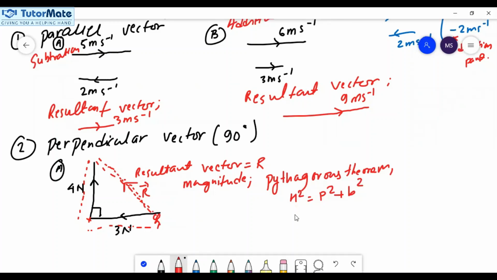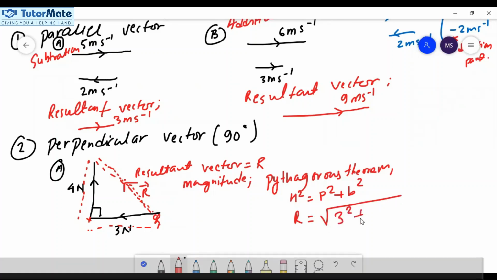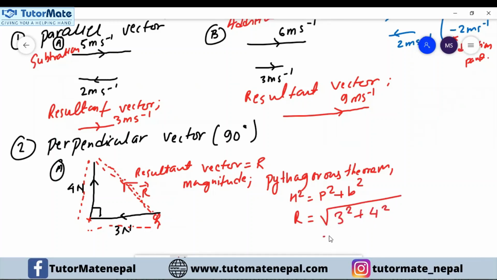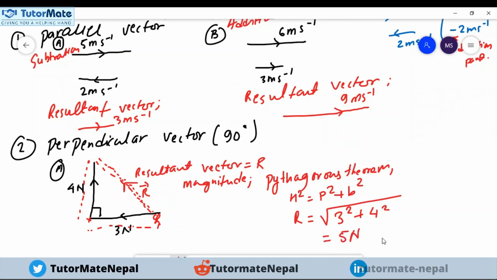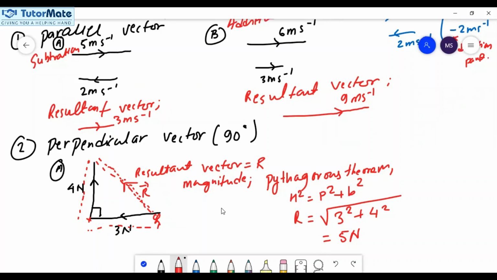Here we have R as h, so this can be done like 3 square plus 4 square, which would be 5 Newton. Now, the magnitude of the resultant is 5 Newton and the direction is upward from point A to point B. So if the vector is perpendicular, then we have to do it this way.